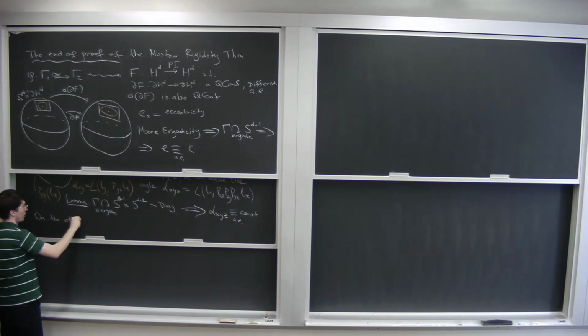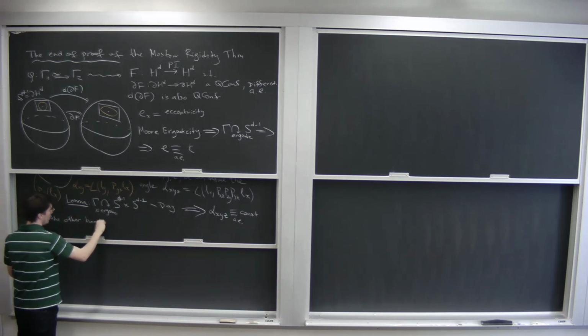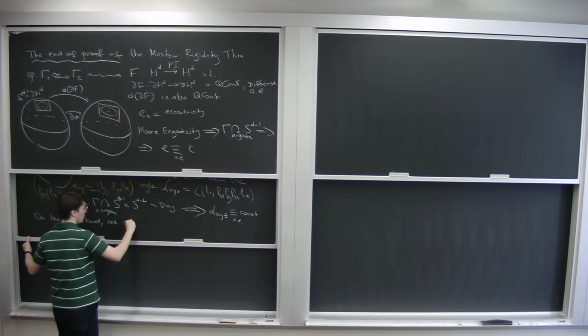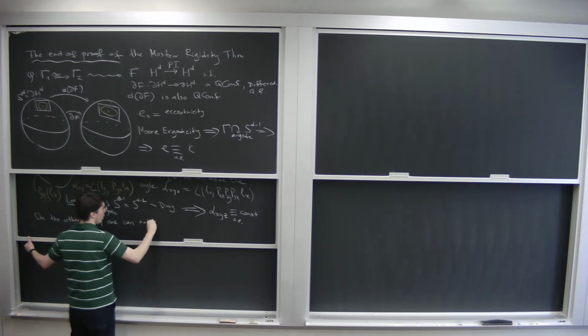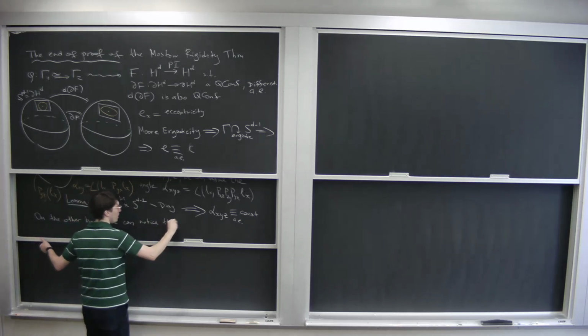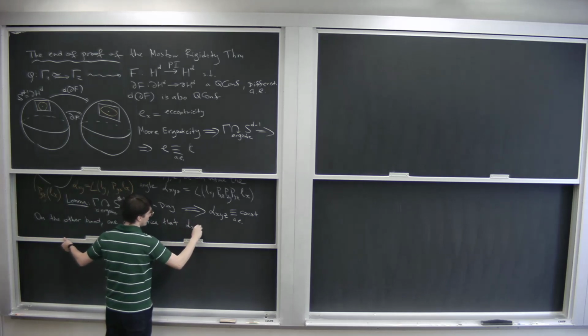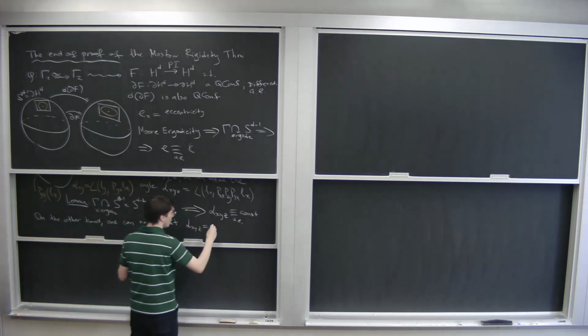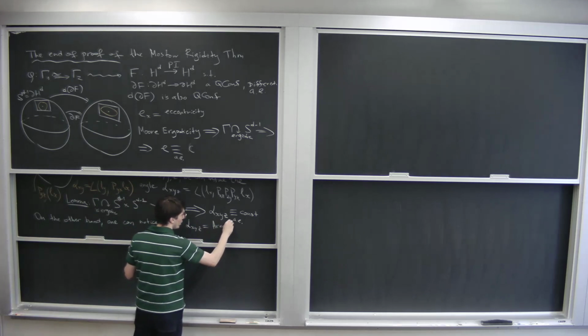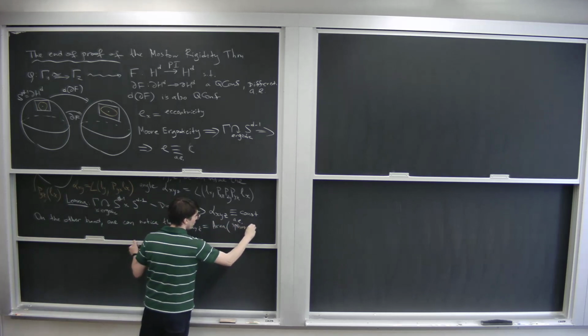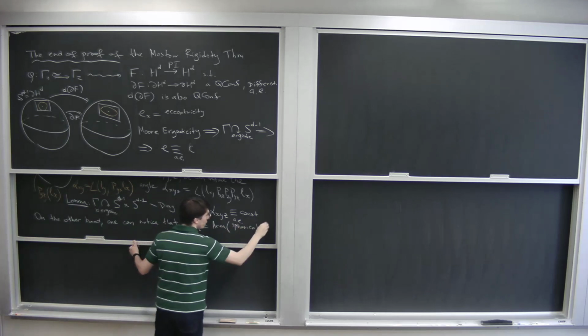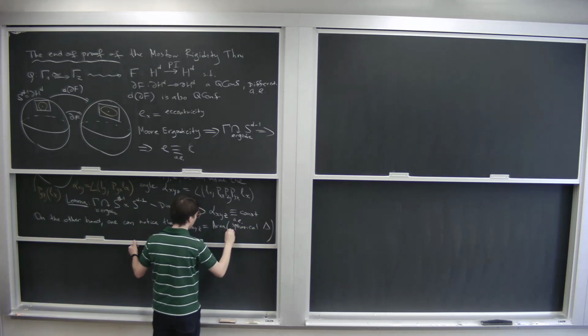On the other hand, one can notice that alpha x, y, z equals the area of the spherical triangle, well, spanned by x, y, z, right?